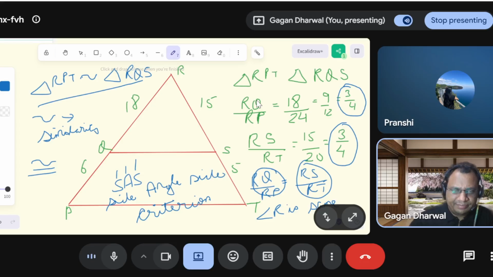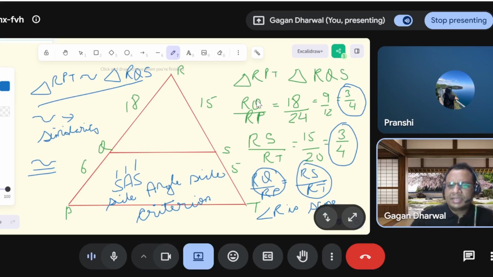Another one we did is the side angle side criterion, where we prove the ratio of two sides is the same and the included angles are also the same. Then we can say the two triangles are similar.